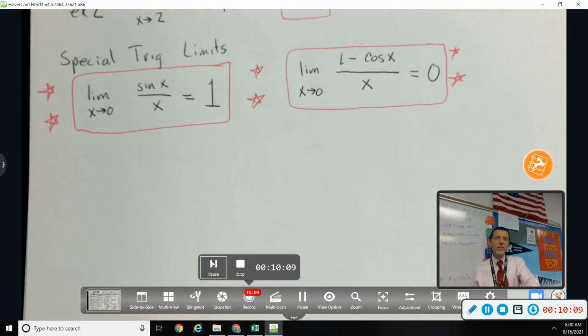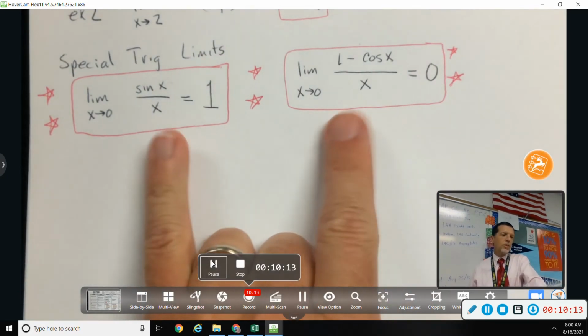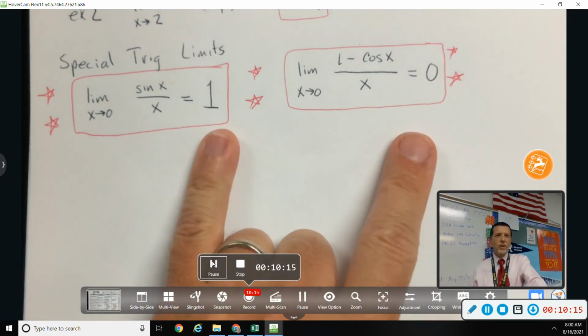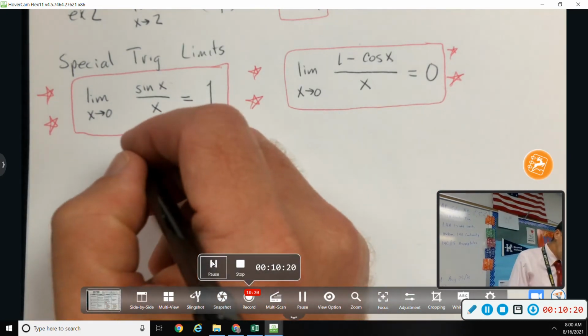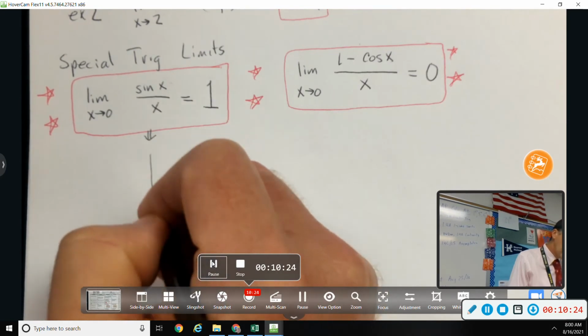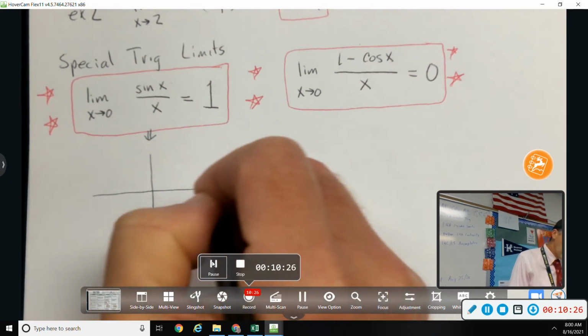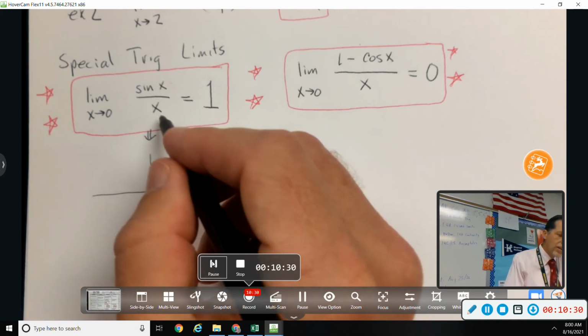I'll give you the picture that helps me remember which one's which. Like I know they both start at 0 over 0, and then it's just like, well, how do I remember which one goes to 1 and which one goes to 0? And what helps me is the picture of the graph of this first one. So let's graph sine of x. I'm going to graph the sine of x and y equals x separately.